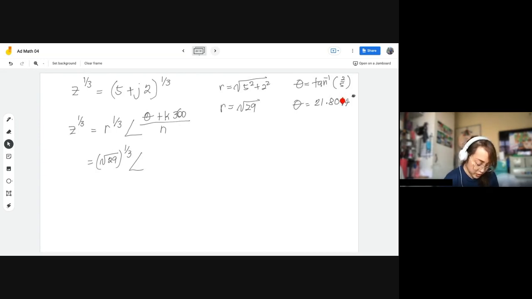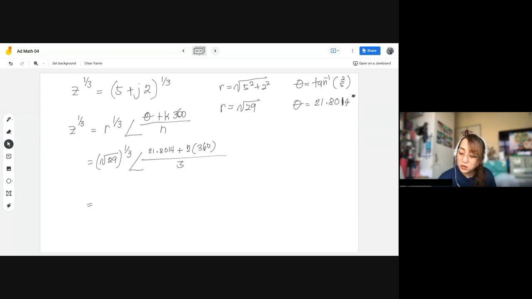Okay, that is 21.8014 plus, for the third root, k is n minus 1, so 2 times 360 over 3. Evaluate.